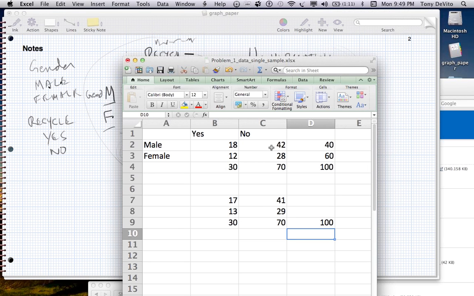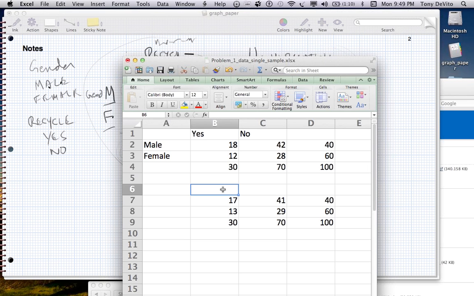In other words, if these are my expected values, where 30% recycle and 70% do not recycle, would I expect to get exactly 30% of the males recycling? Or might I see, just because it's a sample and not the entire population, that in fact I might get 17 or I might get 20 and so forth, just by chance, because I'm going in to sample this whole thing.